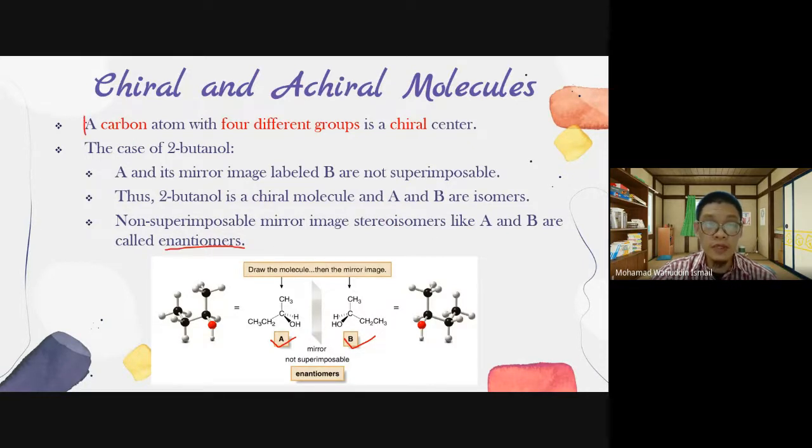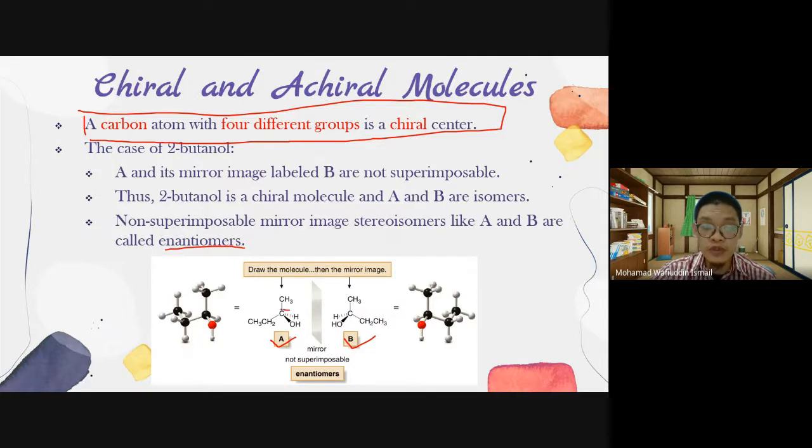Let's look at the first statement here. A carbon atom with four different groups is a chiral center. First you choose the carbon atom that you want to look at. This is the carbon atom that we choose to see whether it is a chiral or achiral molecule.